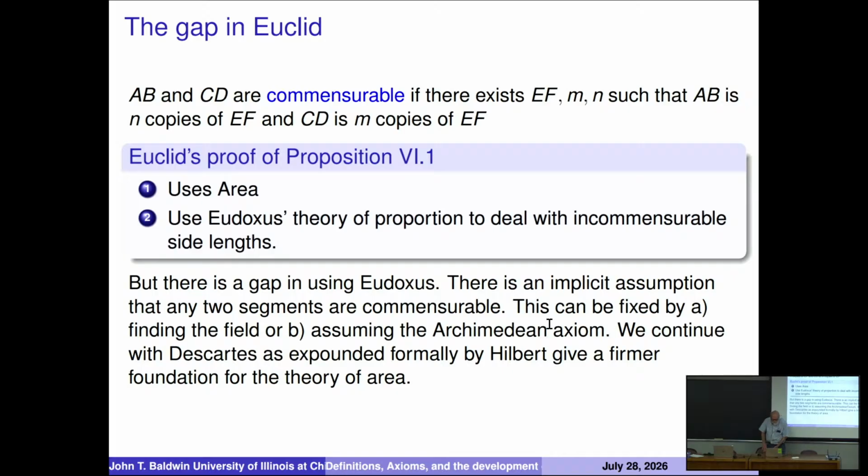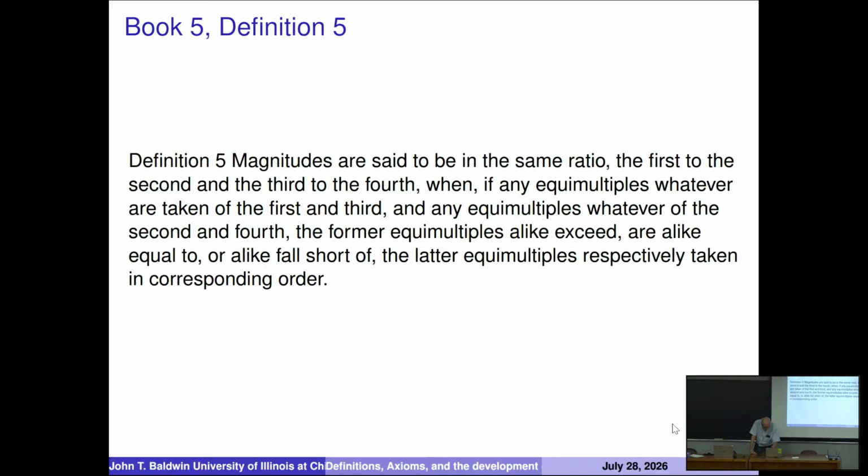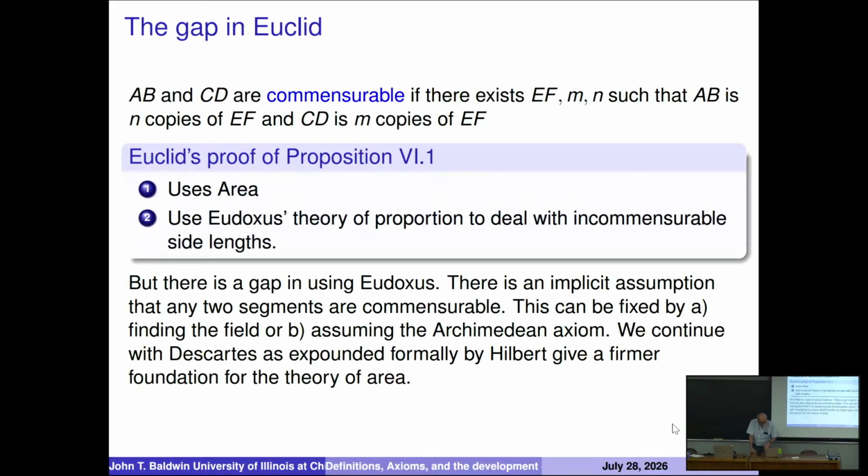So in fact, this is exactly the point. The proof of this theorem uses both the theory of area and something about proportion, and kind of sneaks in Archimedes basically in the form of definition 5, but later commentators realized that this was not a definition, it was an axiom.